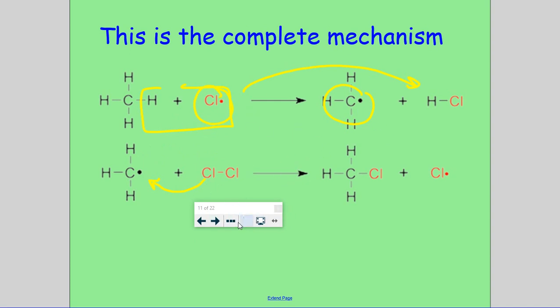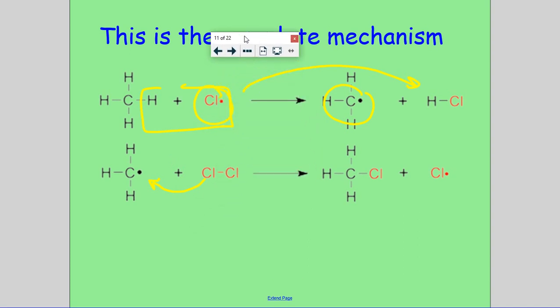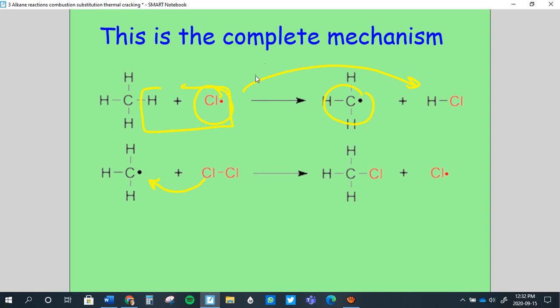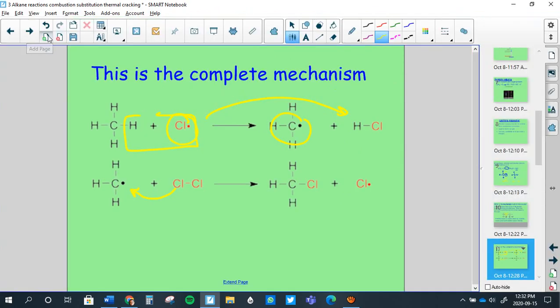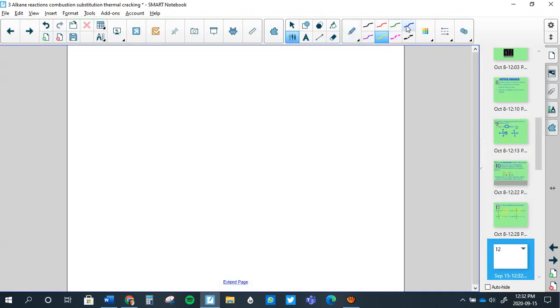I'll draw one quickly for you right now, one that I might draw in class. Okay, so maybe let's make a new page here. Let's start here. Okay, we'll begin with a chlorine free radical. So, oh, I jumped ahead. Okay, so this is methane. Okay, chlorine here.